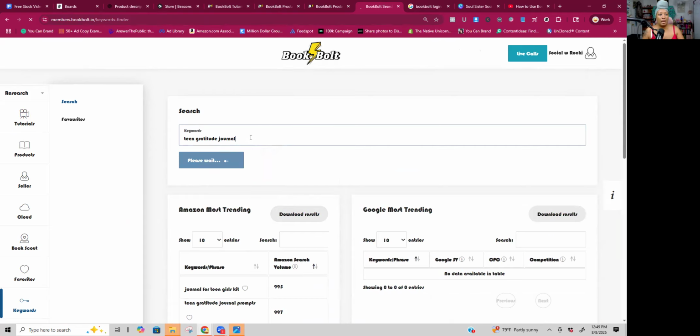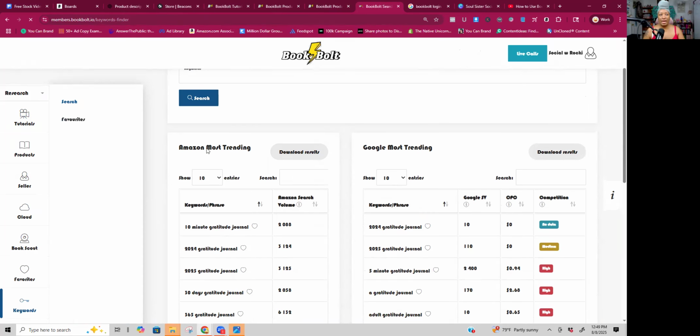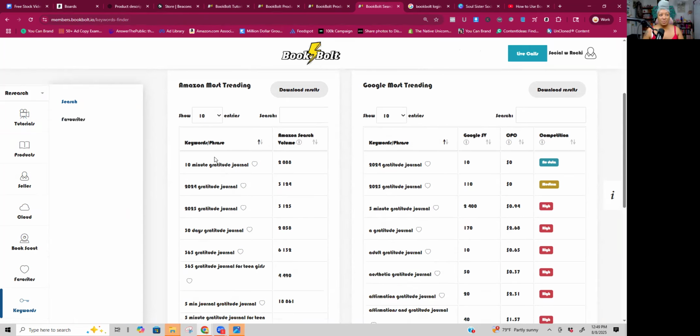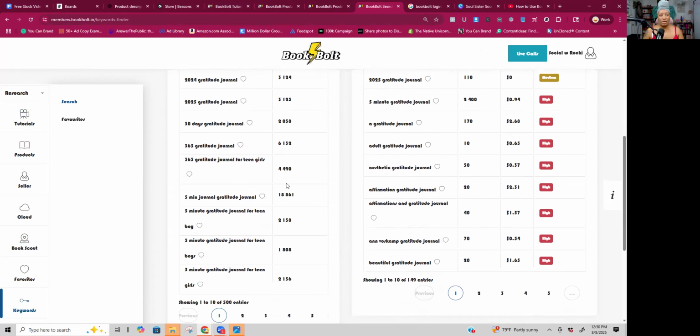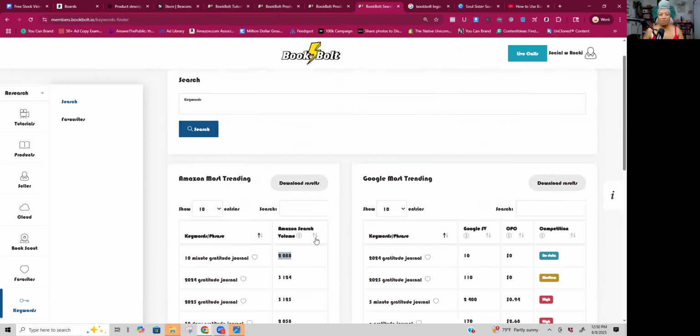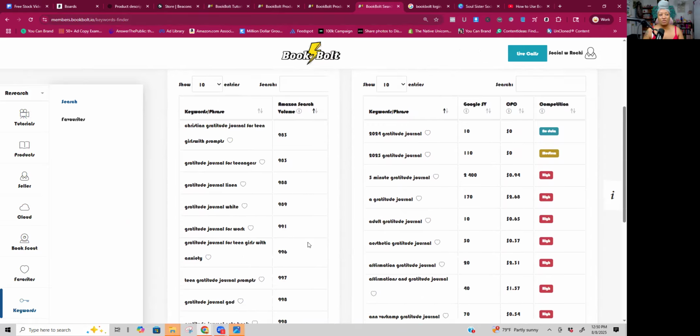If I type in teen gratitude journal, I can see that nothing from the last one was trending on Google. But this one, it says 10-minute gratitude journal, 2088. That's the Amazon search volume. So again, I can shuffle this around, click on the arrows, and find the search volume here.